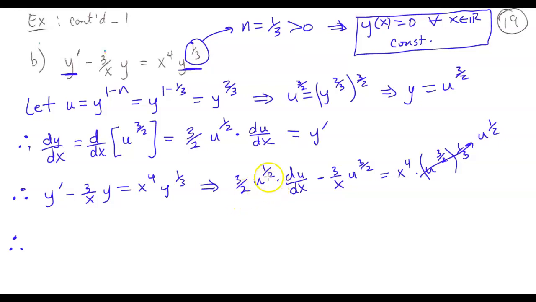And so what I can do to both sides of this equation to get du over dx by itself is multiply both sides by 2/3 times u raised to the negative 1/2. If I do that, that would transform what I currently have into something that looks like a first order linear equation, like what I'm looking for.